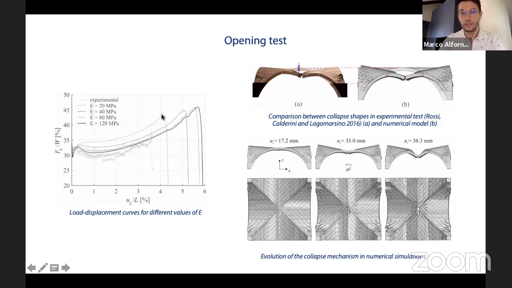So yes, it does. But the overestimation of this test is probably due also to some imperfections in the experimental model that we saw during the experimental test that were not accounted for in the numerical model.